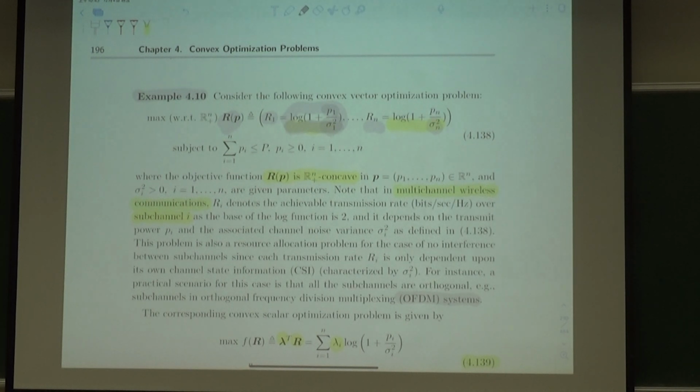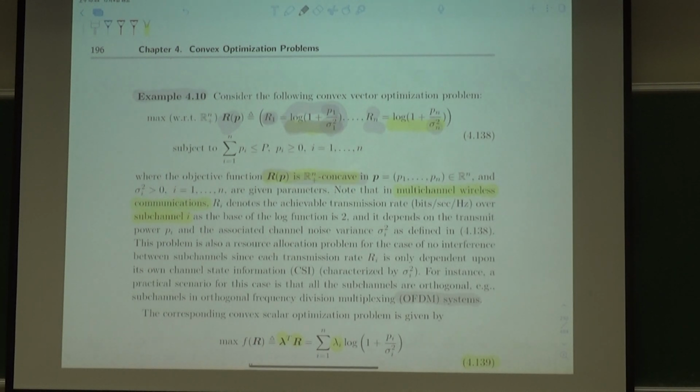Log is a concave function. 1 plus P1 over sigma 1 squared is an affine function. So their composition is concave. Right? A convex function composed with an affine function is still convex, but a concave function is still concave. So this is element-wise, or component-wise, concave. So this is R plus concave.